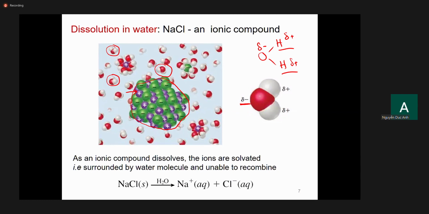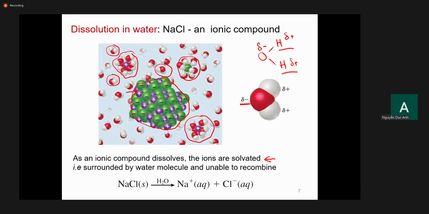That process we call dissolution. The process of water or solvent surrounding ions in the solution, we call the solvation process, and the ion is called solvated.